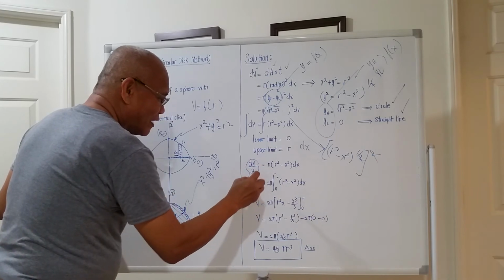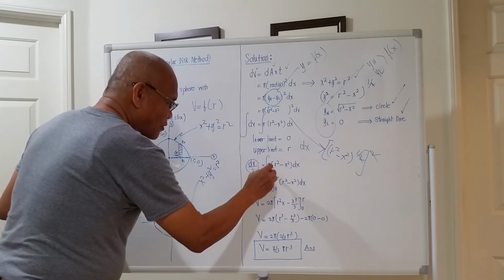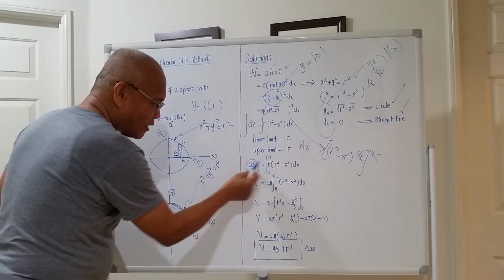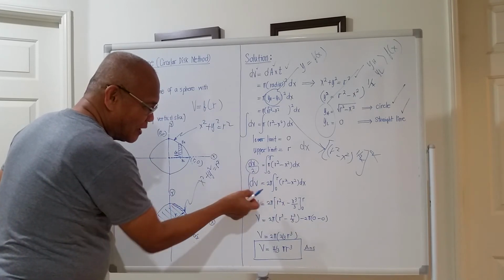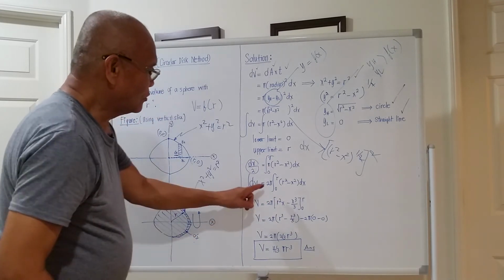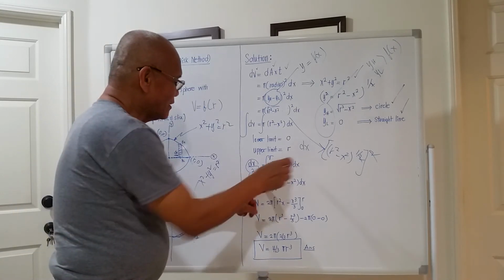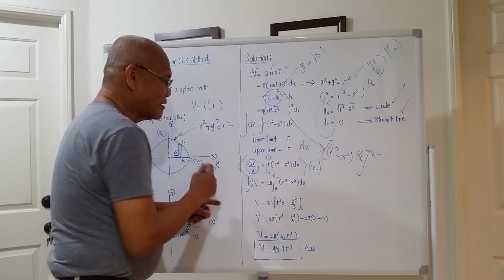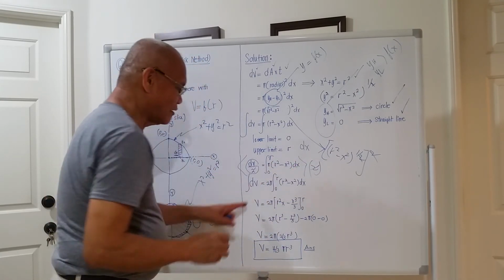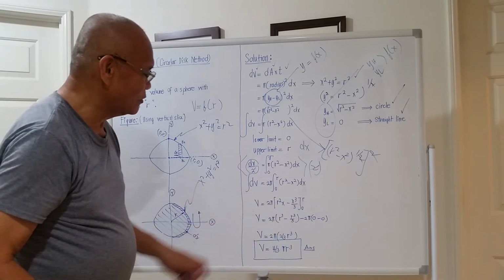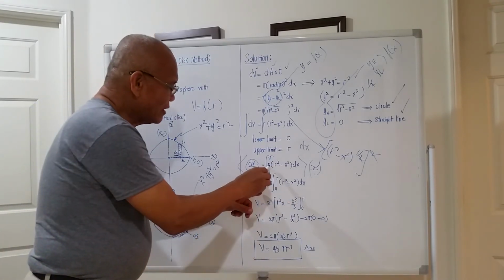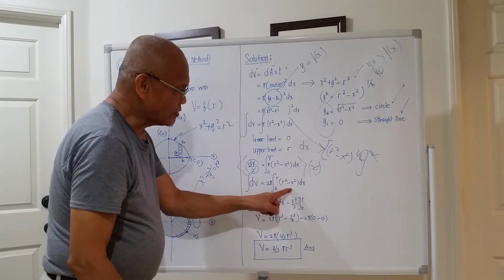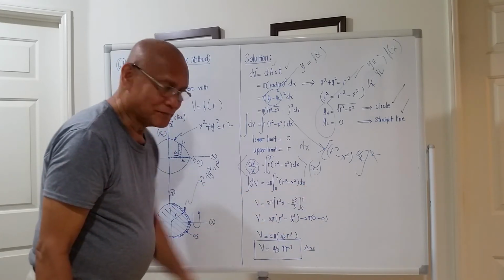We are only taking 1/2, but to compute the total volume, we transfer the 2 to the right side. So the integral of differential volume equals 2 pi, the integral from 0 to r of the quantity r square minus x square dx.